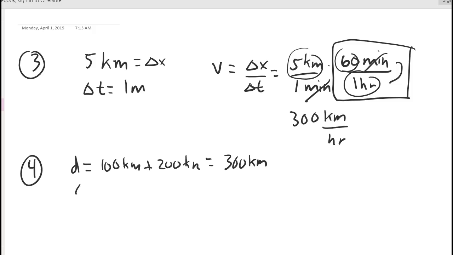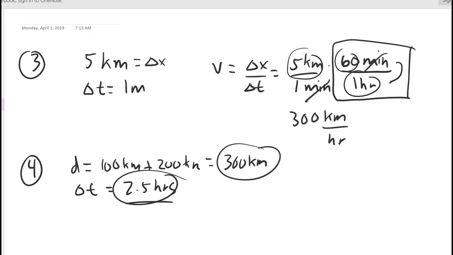And the total time, delta t, is 2.5 hours. So all we have to do is take our distance divided by the time. So we have 300 divided by 2.5, and we get 120 kilometers per hour.